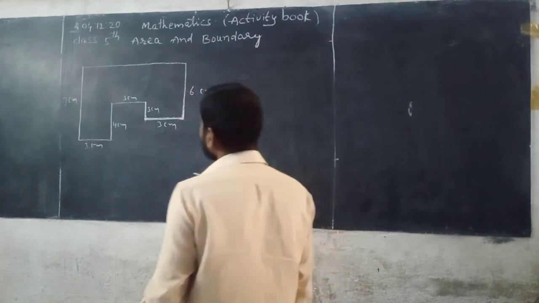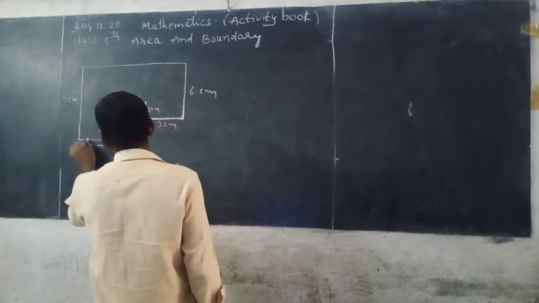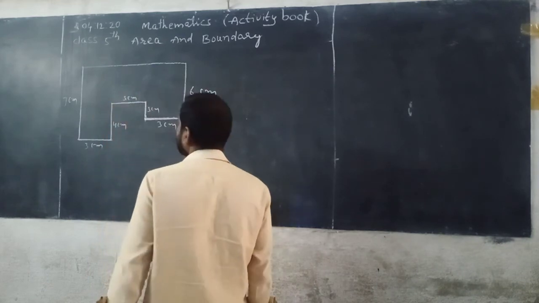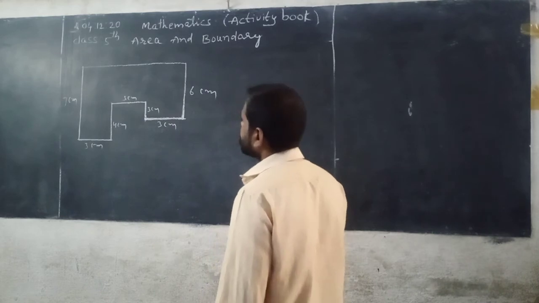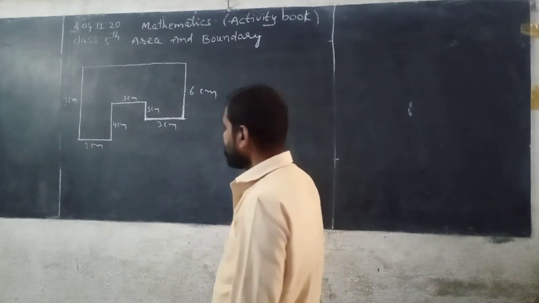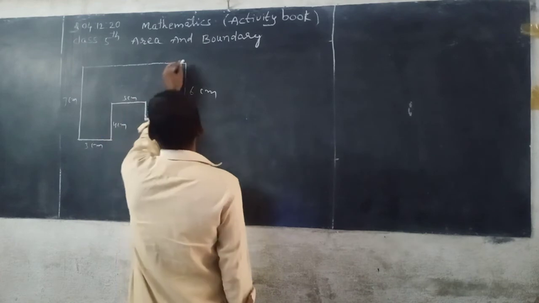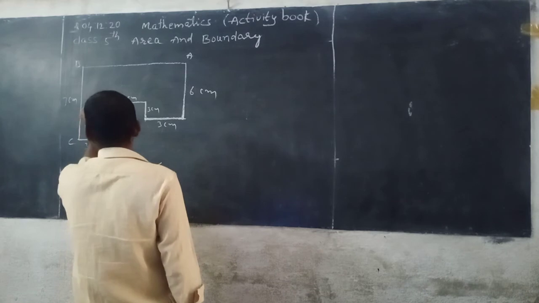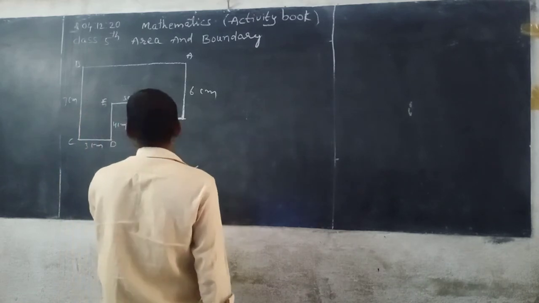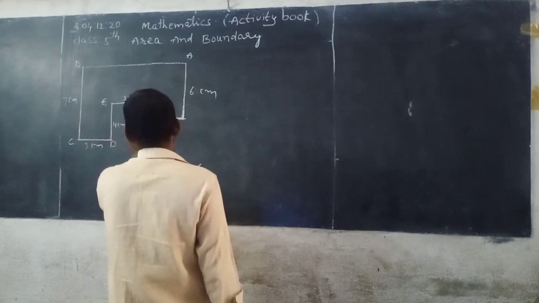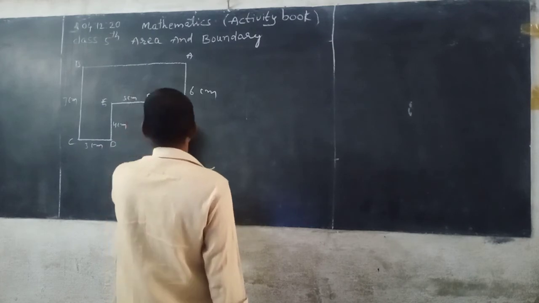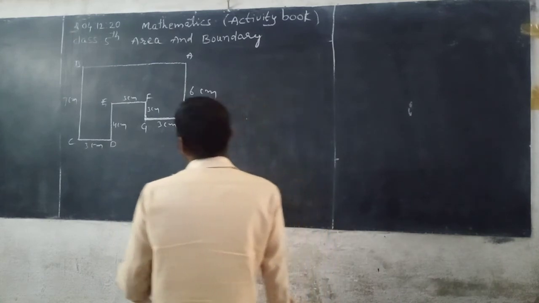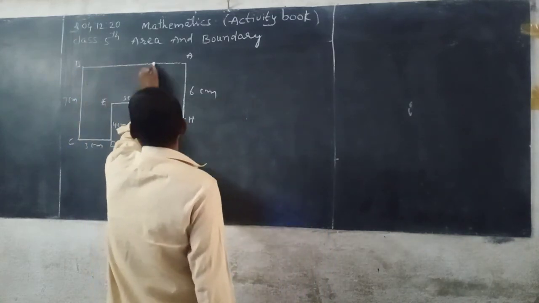See here, this is 3 centimeter, this is 3 centimeter, this is 3 centimeter. Okay, see here, A, B, C, D, E, F, G, H. See, there is no length of side here.